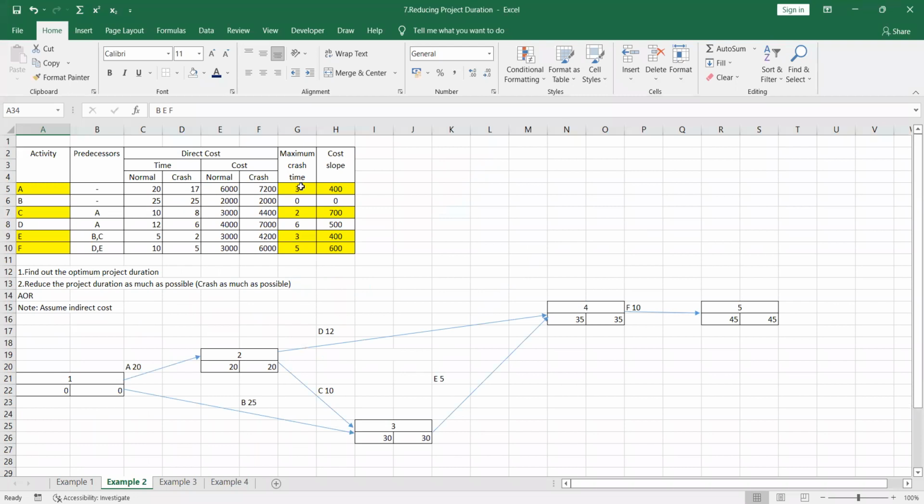Therefore, we are not going to crash activity A by 3 days. So we are only crashing activity A by 1 day, right?